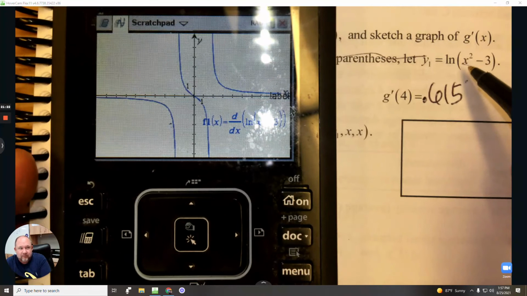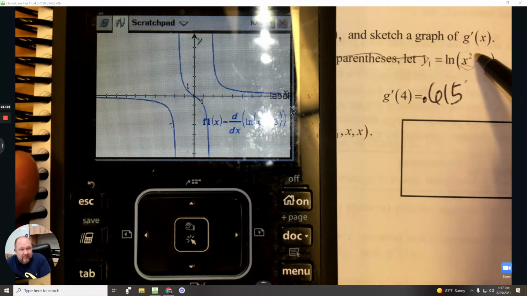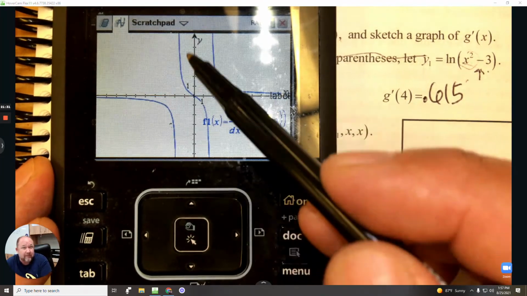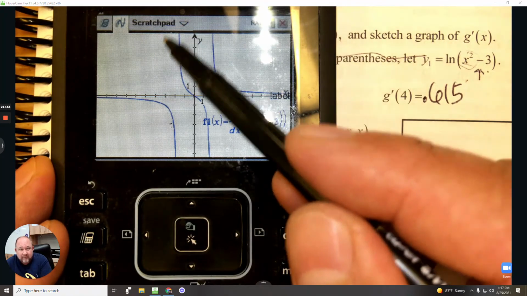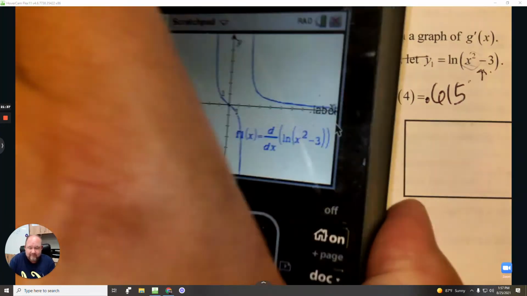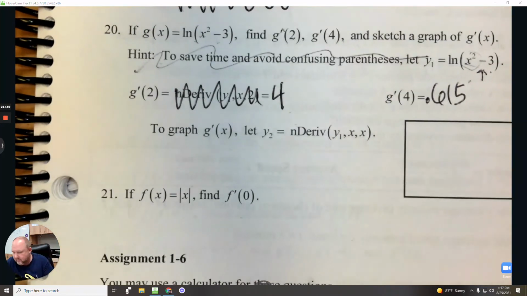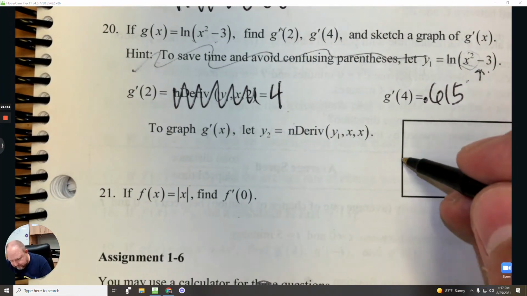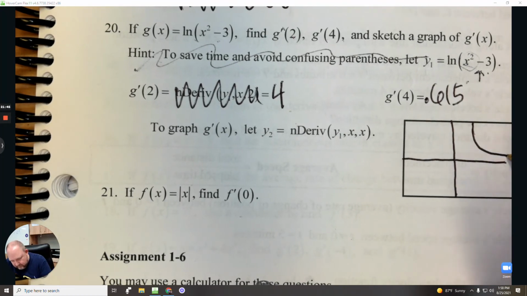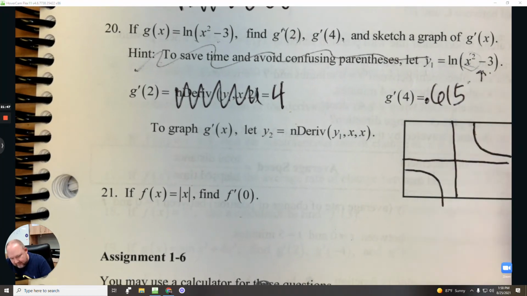So all things from root 3 to negative root 3, the middle of the graph would give you a negative answer. So I don't know why the calculator gives you an answer for this derivative in the middle, but it's a domain restriction. So the middle part doesn't exist. It's only the right and the left.